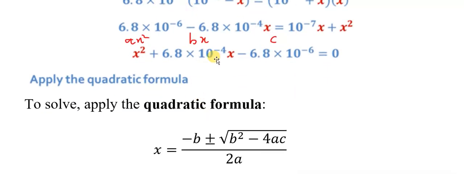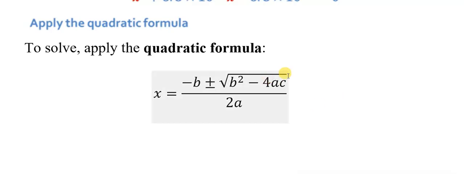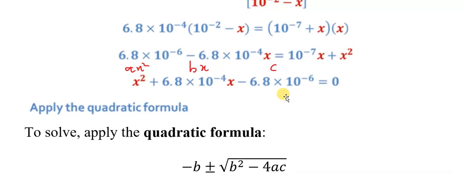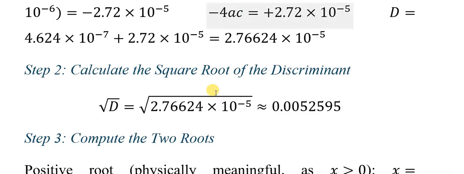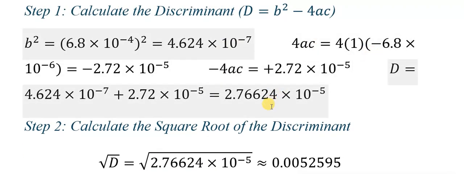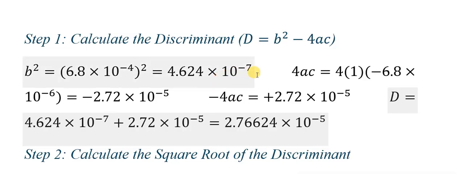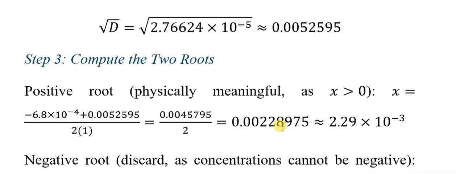To find the value of x, we use the quadratic formula, and we put the values of a, b and c in the quadratic formula, and we find the final answer after solving it.